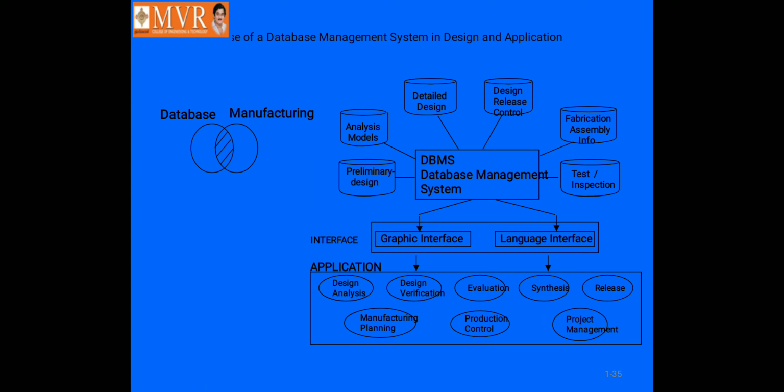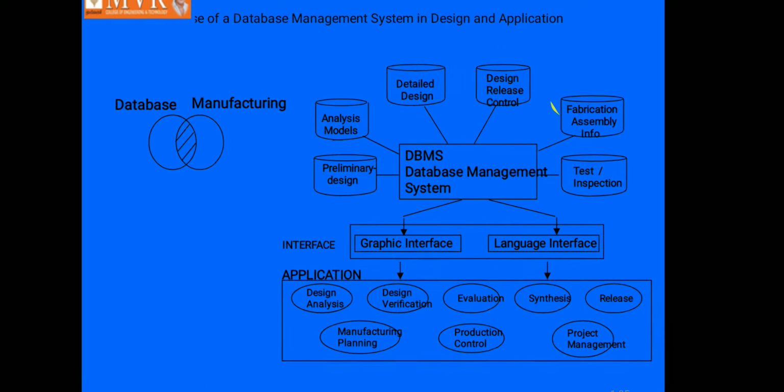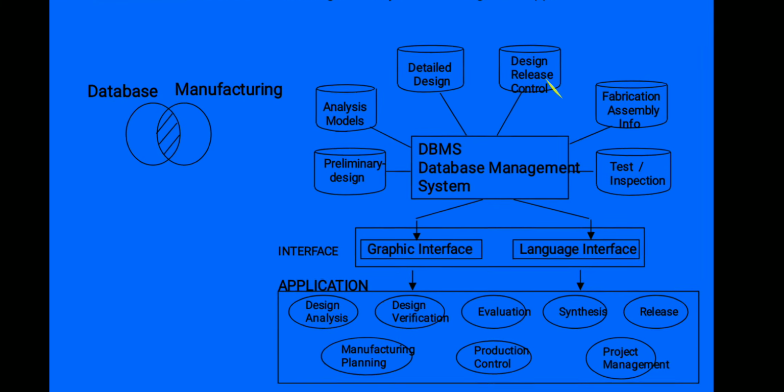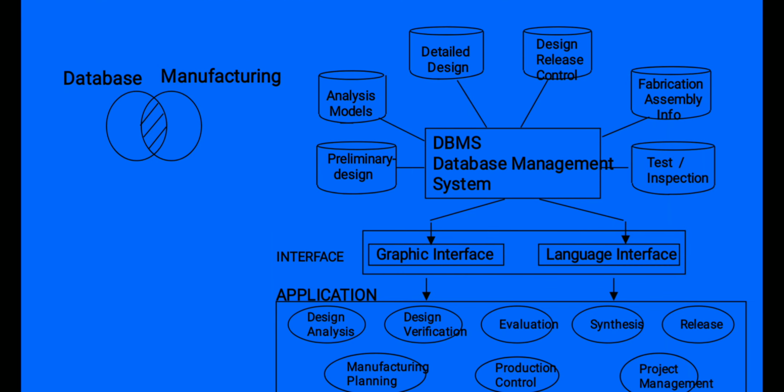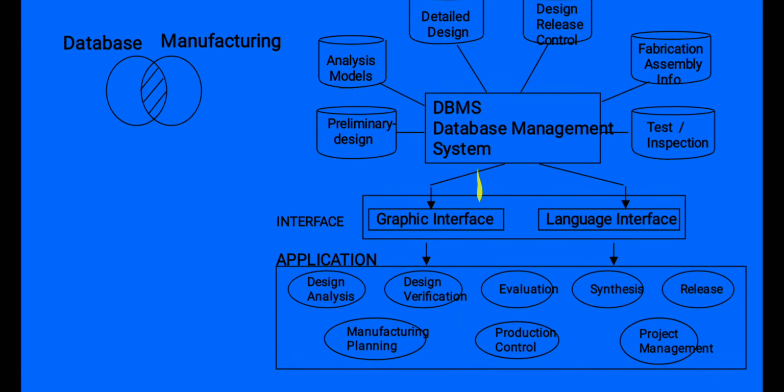See the diagram, database with manufacturing. We have a diagram of a database management system with preliminary design, analysis models, detailed design, release control, fabrication, assembly information, and test inspection. These are called the database management system, and in the interface we use a graphical interface or language interface.